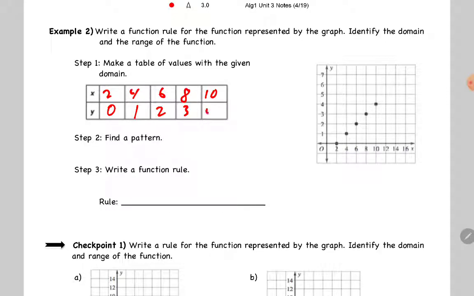So find a pattern. What's going on here? At 2, we go down to 0, 4 we go to 1, 6 we go to 2, 8 we go to 3, 10 we go to 4. So what's going on here?